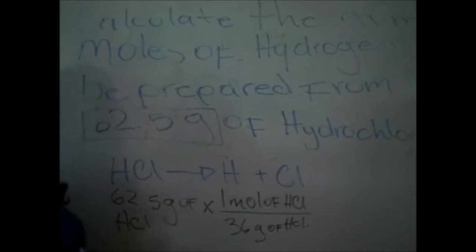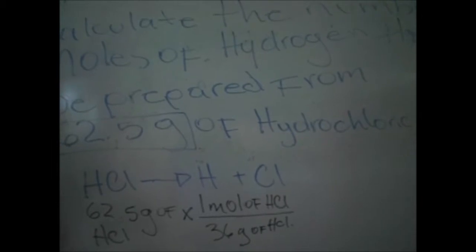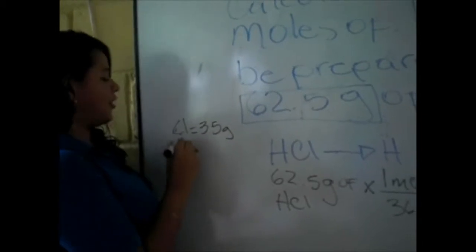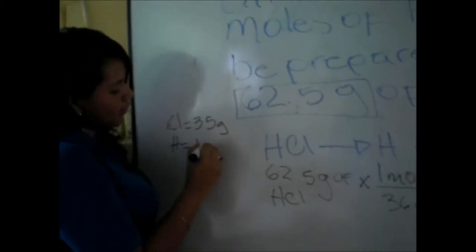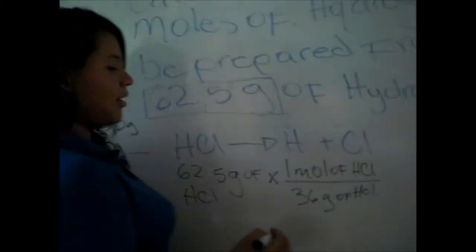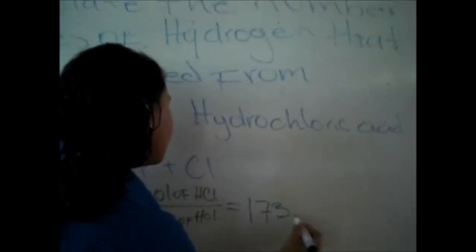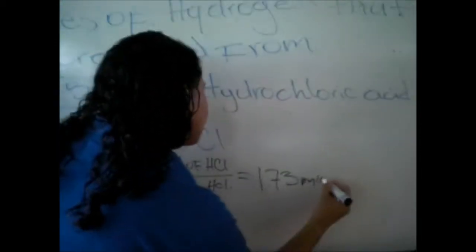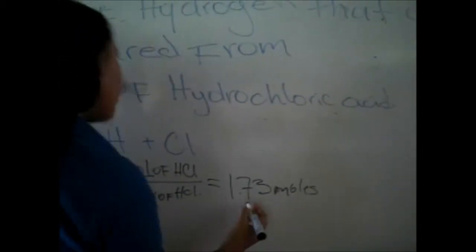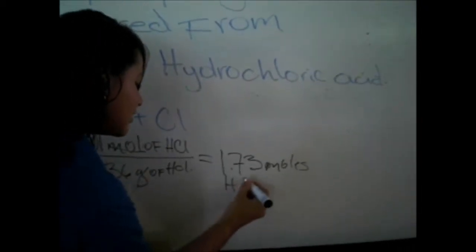Because in your periodic table, you will see that Cl has a mass of 35 grams, and hydrogen has a mass of 1 gram. So you add those and you have 36 grams. Then you solve that, and the amount that you have is 1.73 moles. You cancel grams and grams and you have moles. So 1.73 moles of HCl.